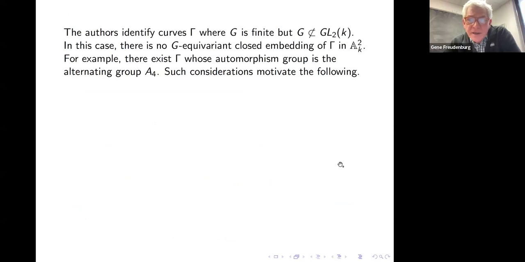So the authors of that paper identify curves gamma where the group is finite, but not a subgroup of GL2. So in this case, there couldn't be any G-equivariant closed embedding of gamma in the plane. For example, there exist curves whose automorphism group is the alternating group. These kinds of considerations motivate the following two definitions.